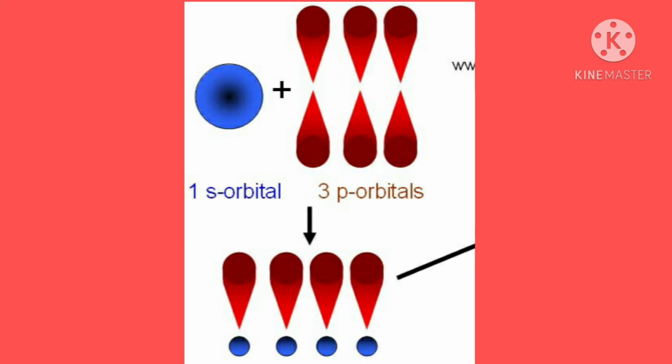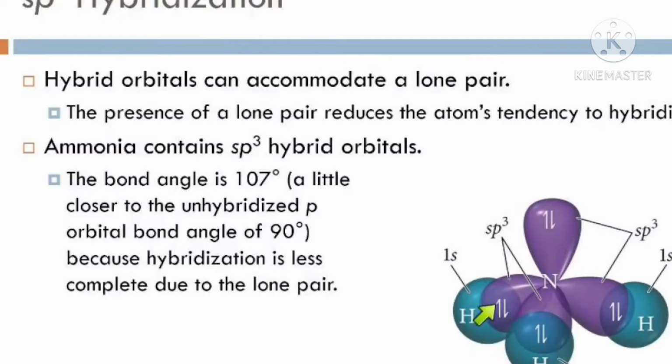Just like in methane, here also the 2s, 2px, 2py and 2pz orbitals will undergo sp3 hybridization. One of the 4 sp3 hybrid orbitals gets a pair of electrons and the other 3 sp3 orbitals get 1 electron each, because the total number of electrons is 5.